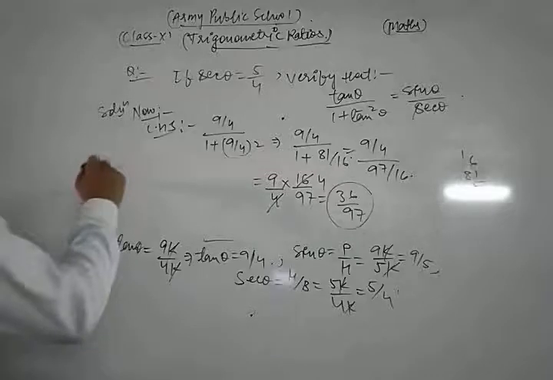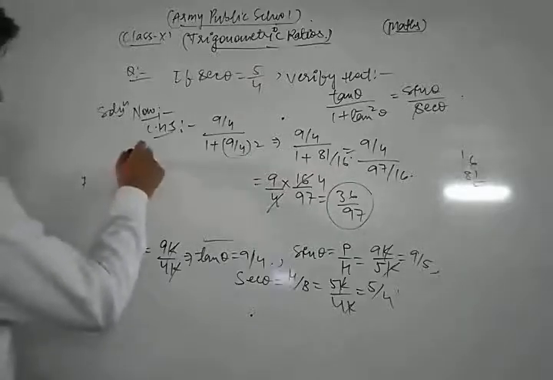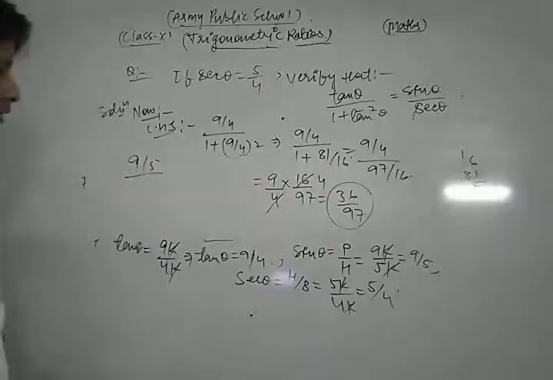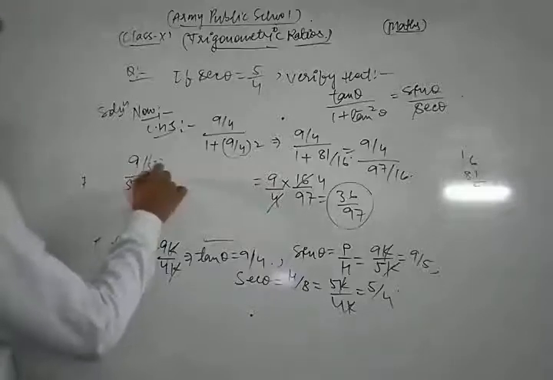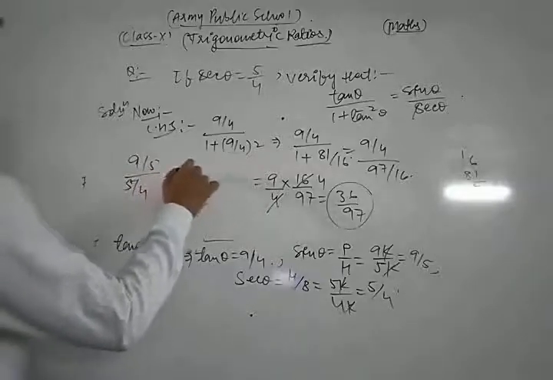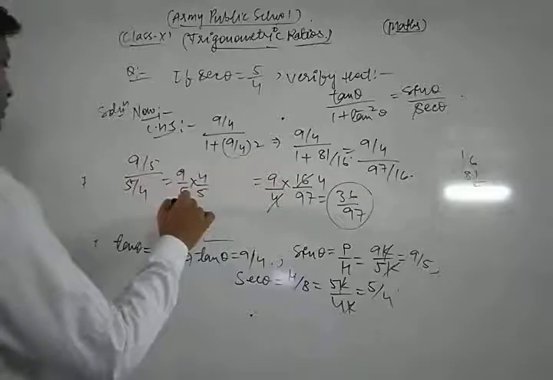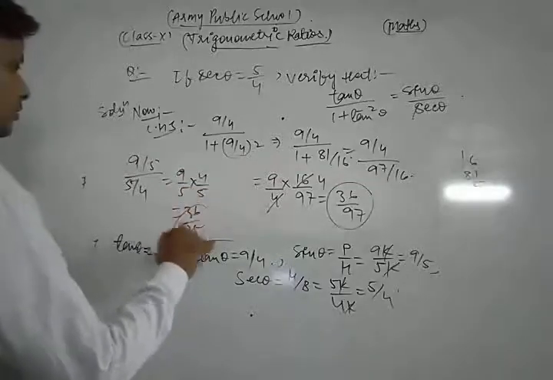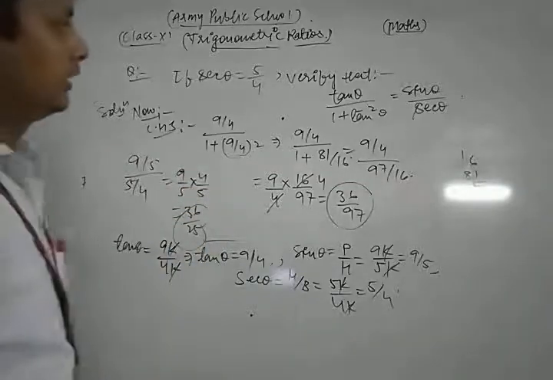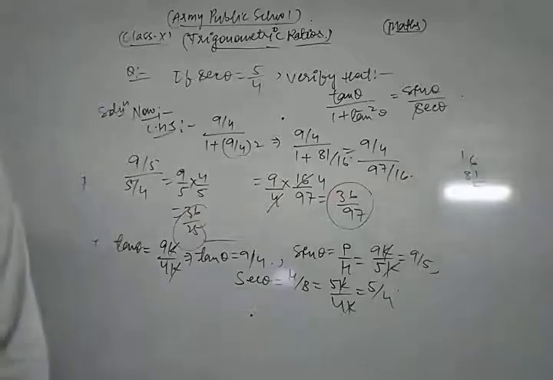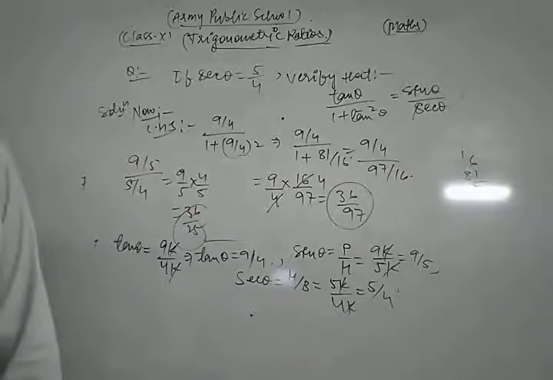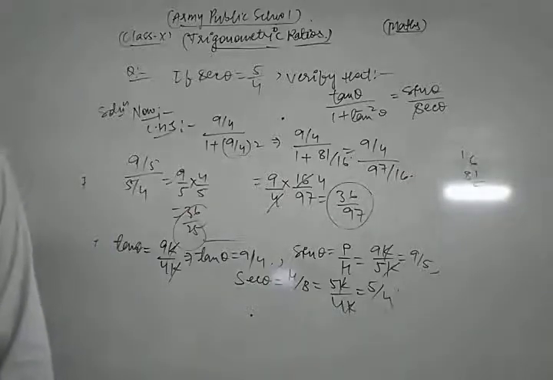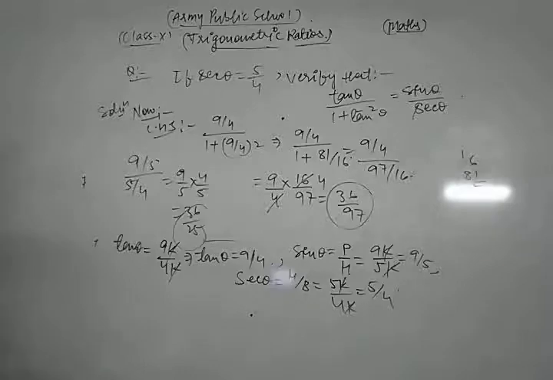Okay, now we take the right hand side. Sin theta is what? The value of sin theta is 9 upon 5 and the value of sec theta is 5 upon 4. So we get 9 upon 5 into 4 upon 5. Okay, sorry.